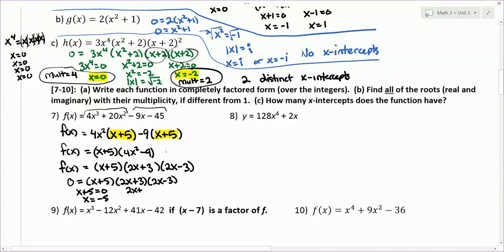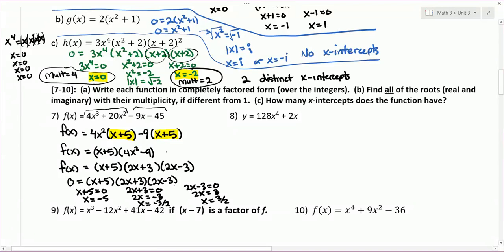When 2x plus 3 is 0, we get 2x is negative 3, x is negative 3 divided by 2. And when 2x minus 3 is 0, we get 2x is equal to 3, and divide by 2, x is equal to 3 over 2. So those are our three roots. All of them have a multiplicity of 1 because they're all different from each other.